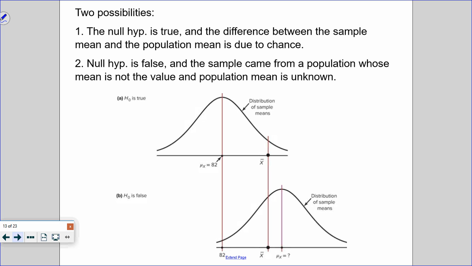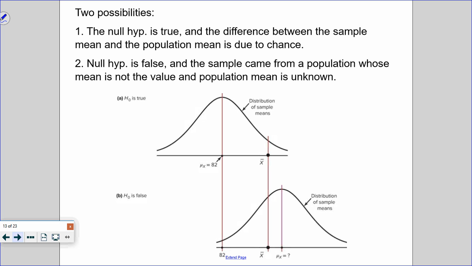But if it falls out here in one of the tails, that means it's much more unlikely, so it's not just due to chance. That's how we decide whether we're going to reject or not reject each time, whether it's actually different or due to chance.